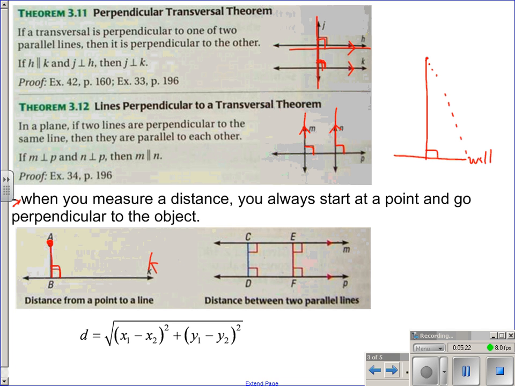Now, looking at this second picture, if you're trying to find the distance between two parallel lines, pick a point, it doesn't matter, we'll start at C, and you go perpendicular to the other line. Same thing, if you're at point F, to measure the distance from point F to point E, you go perpendicular to the other line M. So now, to find the distance, you need to know two points and your distance formula. We talked about that, I think, in chapter 1.